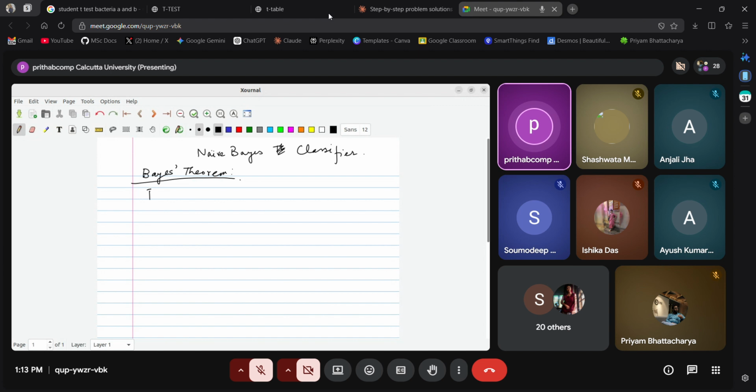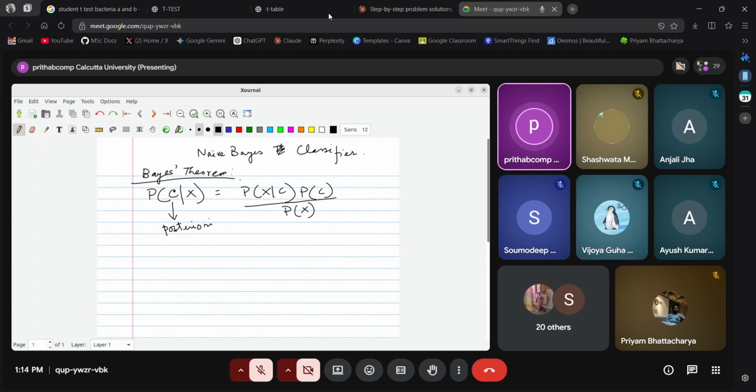What this Bayes theorem says, do you remember this? Probability of C given X equals probability of X given C, times probability of C, divided by probability of X. This probability of C given X is what is called the posteriori probability, which we really want to find.